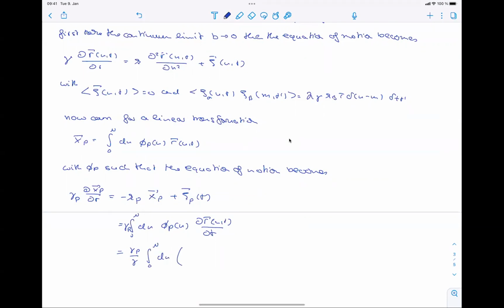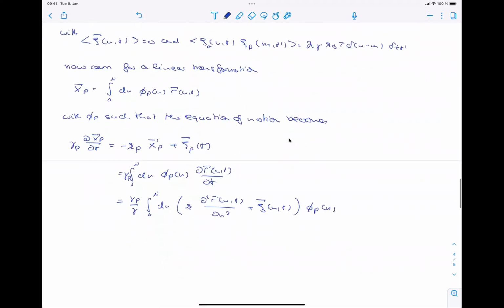Let me plug this in: we now have kappa d squared R(n,t)/dn squared plus psi(n,t), and now phi_p(n).